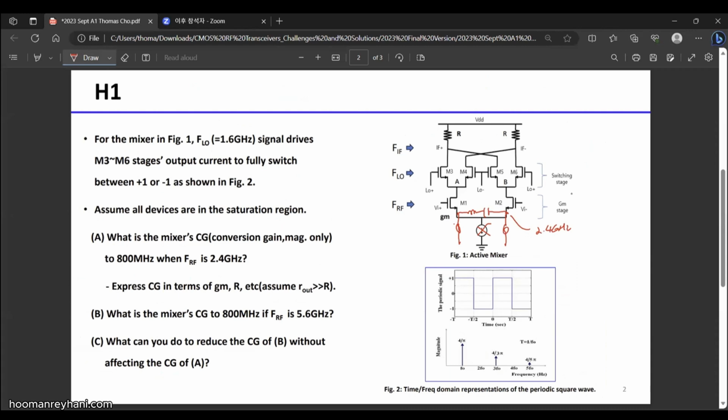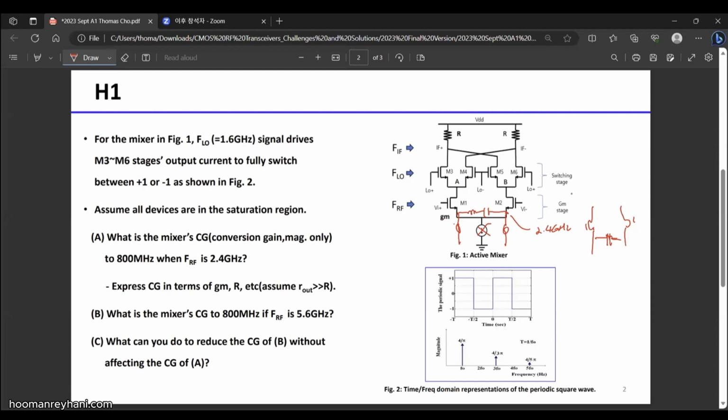So M1 and M2 are just the regular differential pair. But at 5.6 gigahertz, it looks like a capacitor. Yeah, it becomes a higher impedance, and then that reduces the gain.